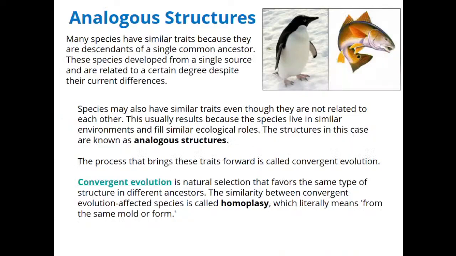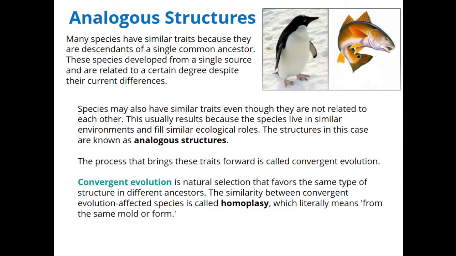The next evidence is analogous structures. Here we need to speak about how many species have similar traits because they are descendants of a single common ancestor. These species developed from a single source and are related to a certain degree despite their current differences.